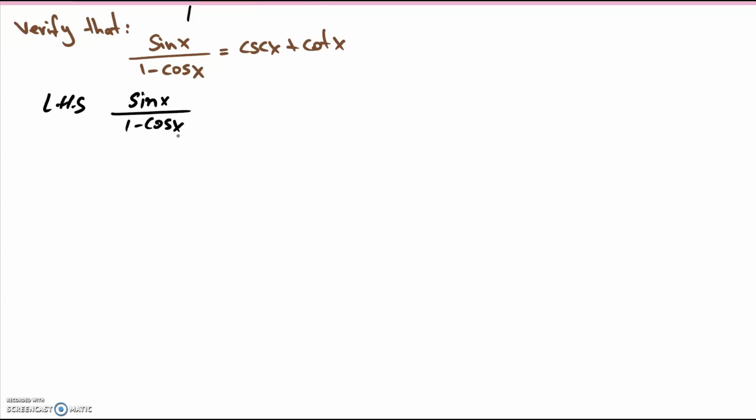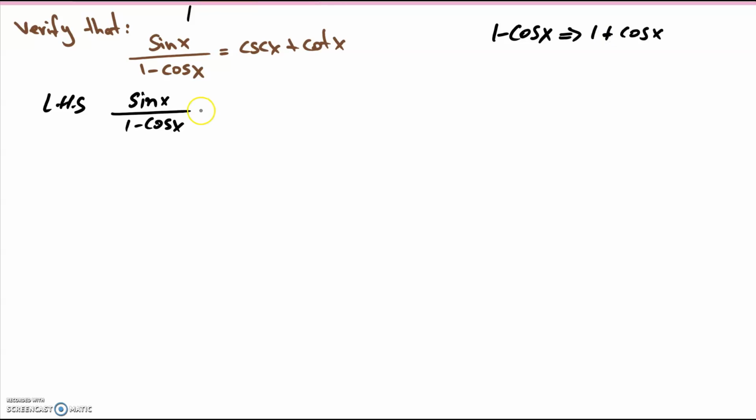In this situation, there's a method called multiplying with a conjugate. So what is multiplying with a conjugate? When you have a term in the numerator or denominator showing two terms, like in the denominator, it has 1 minus cos x, the conjugate is you just switch the middle sign of these two terms, so it will be 1 plus cos x.